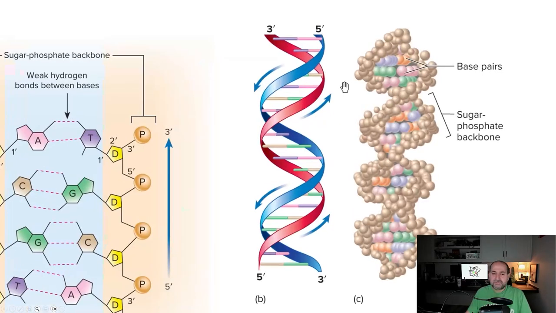This means that, for instance, this blue strand of DNA has its 5' end here and its 3' end at the other end, but the complementary red strand would be going antiparallel, in the opposite direction, with its 5' end down here and its 3' end up here. So we say that double-stranded DNA consists of two complementary strands of DNA, and those two complementary strands are antiparallel with one another.